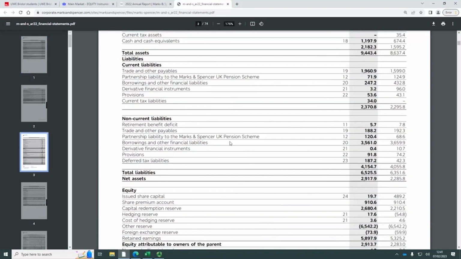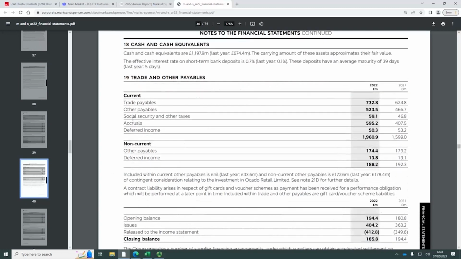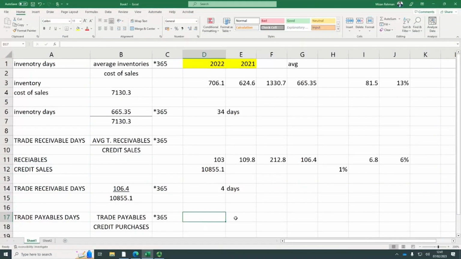My liabilities, current liabilities, trade and other payables, page 19. So you're going to have to go to note 19. Okay, there we are. We have trade payables current 732.8. Credit purchases are never given in the financial statements.